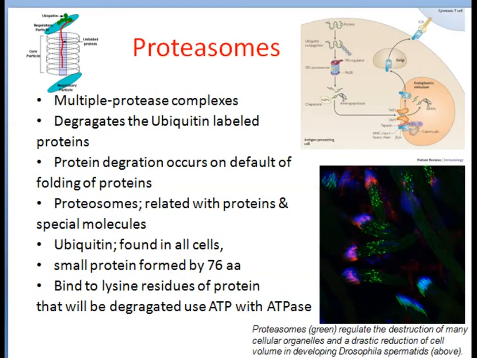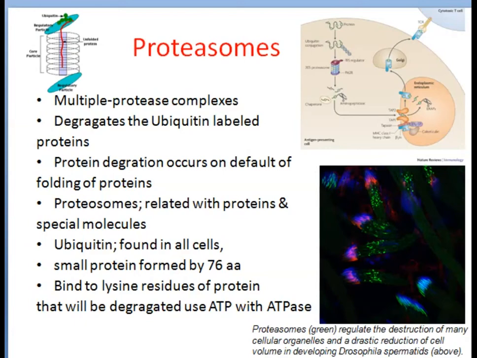The beta subunits have the protease, enzymatic activity, and they will break those proteins, but not down to the end products, not to amino acids, but to peptides which include 7 to 8 amino acids. So these peptides are the result of protein degradation inside the proteasomes.